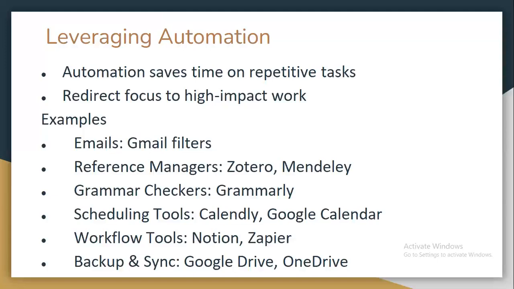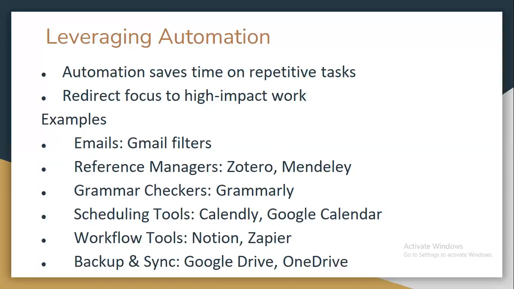For those repetitive tasks, it is important to automate so that you'll be able to save time. All right. And also focus on other things. And what automation does is that it helps to redirect focus to high impact work. So for the ones which are repetitive and don't need you to put in so much thought, or they will not really make any big impact, the difference if that is not done is not too much.